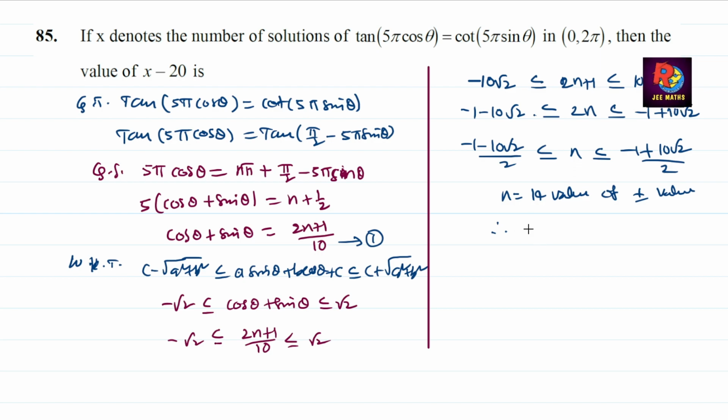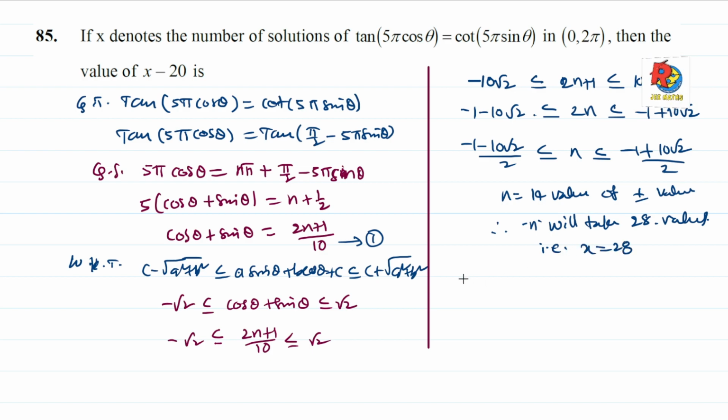So therefore n will take 28 values. So now that is nothing but x equal to 28. Therefore, what we required, x minus 20 value. X minus 20 means 28 minus 20, that equals 8. Answer is 8.